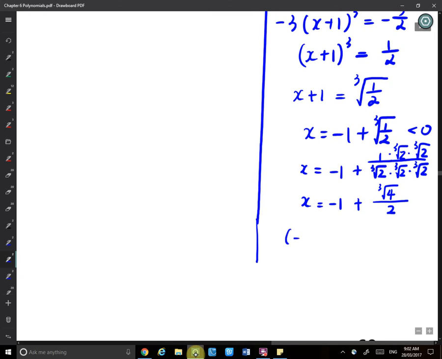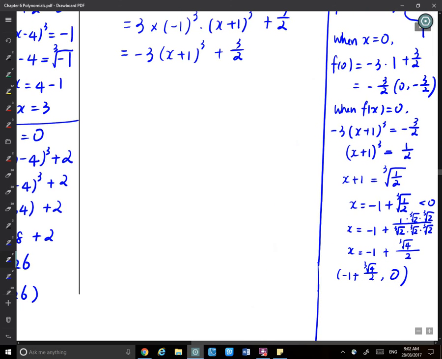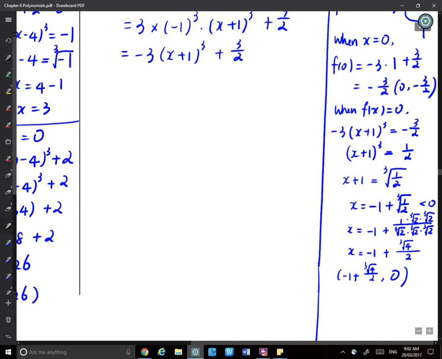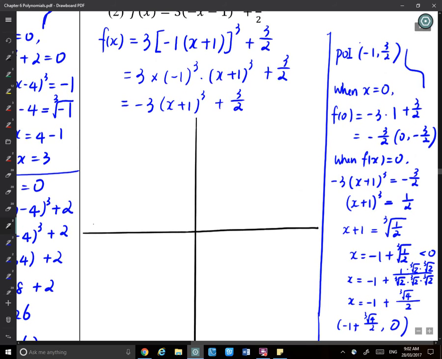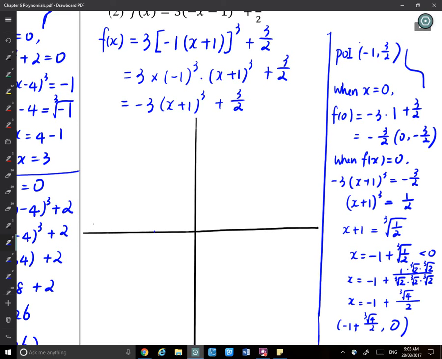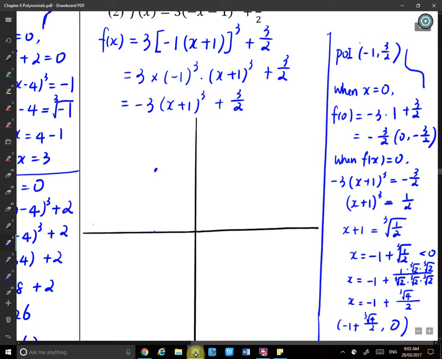Okay, so the x-intercept is this. And it's a number smaller than 0. Okay, let's sketch the graph. Have point of inflection at -1 and -1 and 3/2, which is here.